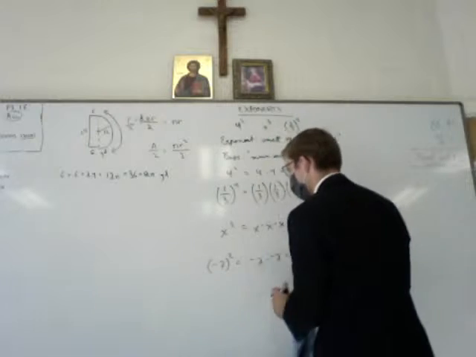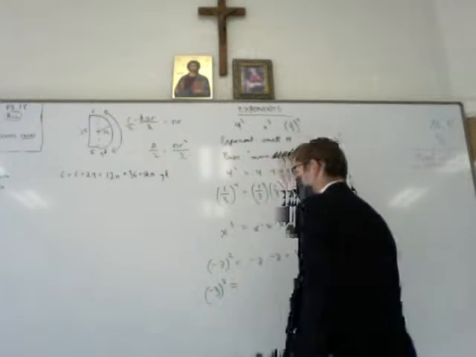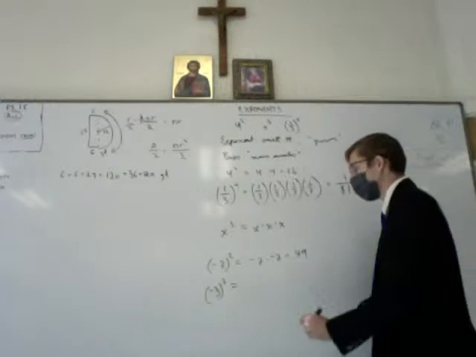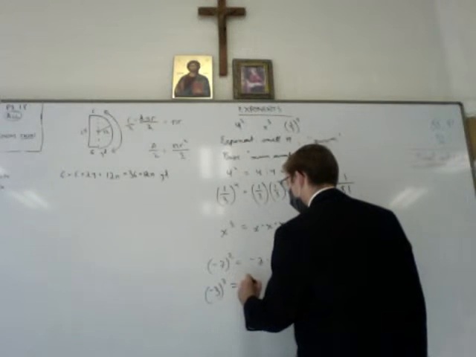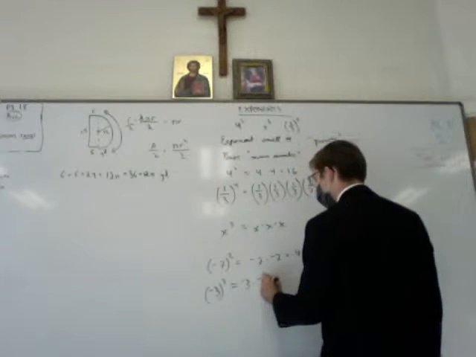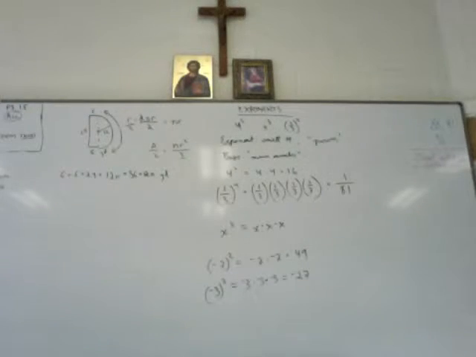Actually, before we do that, let's do a different one. What about negative 3 cubed? Negative 3 cubed. Negative 27. Wait. Why is it negative? Right. If it's a power, whether your answer is positive or negative is going to depend on the power.